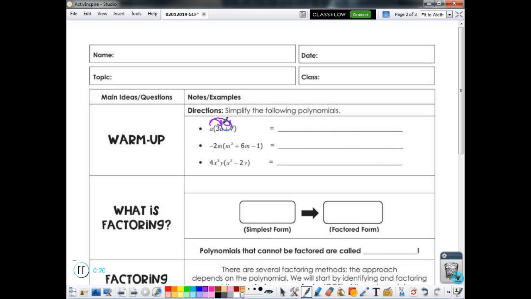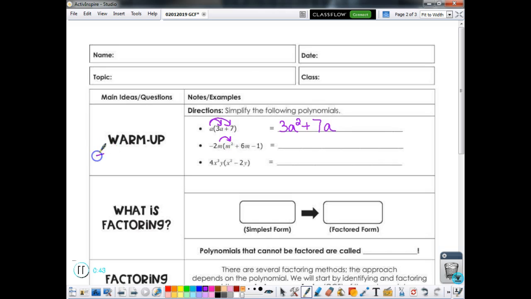Okay, so we want to distribute this a, so we're going to do a times 3a. That would be 3a squared. And then a times 7 would be 7a. Right? Now we have negative 2m times m squared.